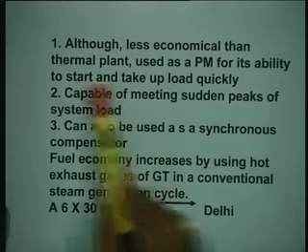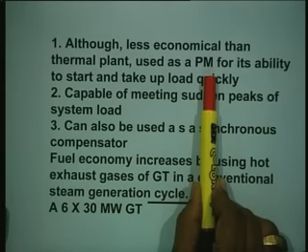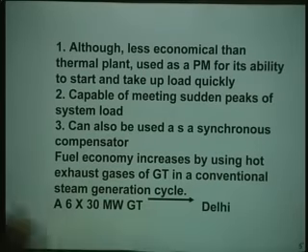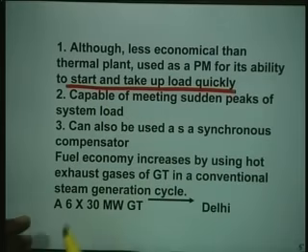I will give you the answer within a minute. As I said, although less economical than a thermal power plant, it is still used as a prime mover, PM is prime mover, for its ability to start and take load quickly.